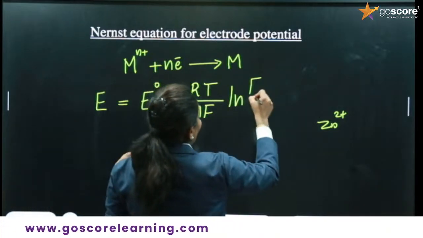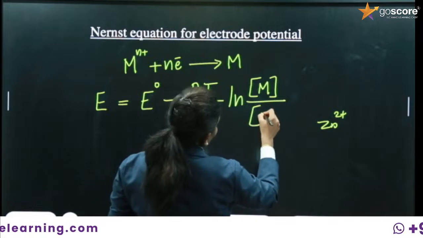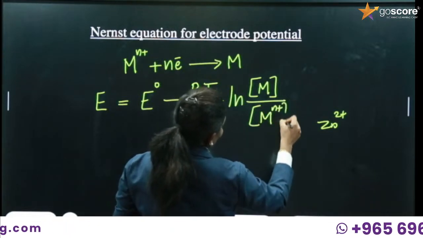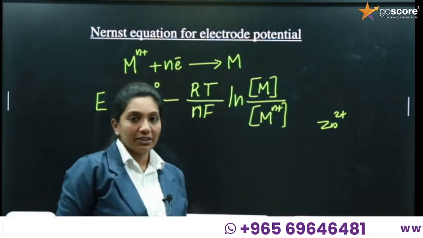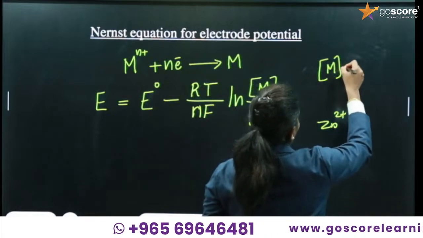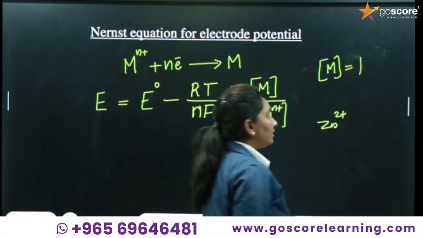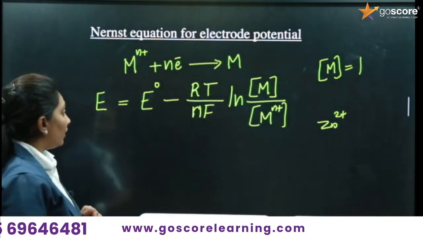So it will be ln of concentration of metal divided by Mn+. Okay, and it's clear that for pure solids and liquids, the concentration is taken as unity. So here the concentration of metal will be equal to 1, right?